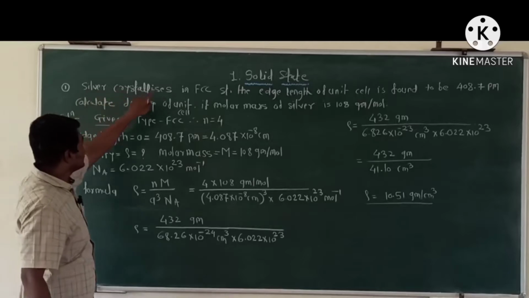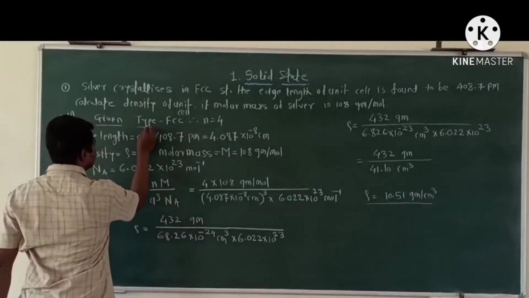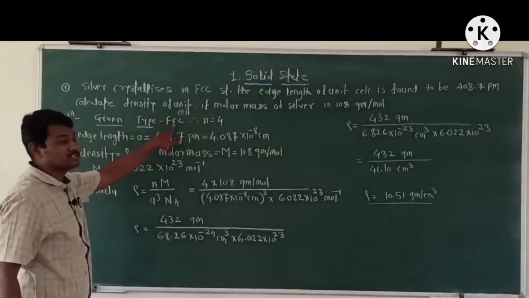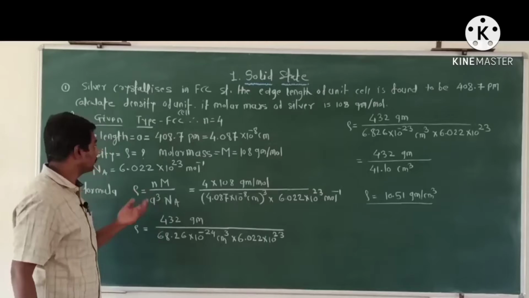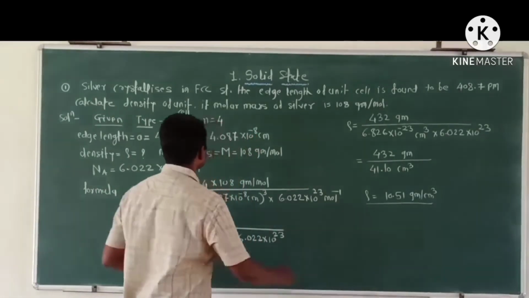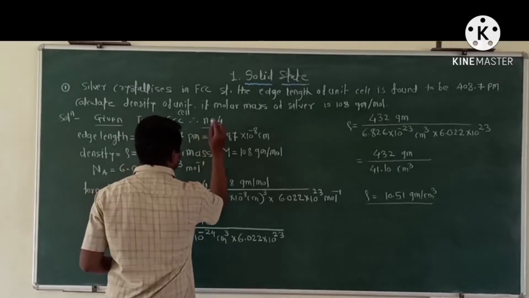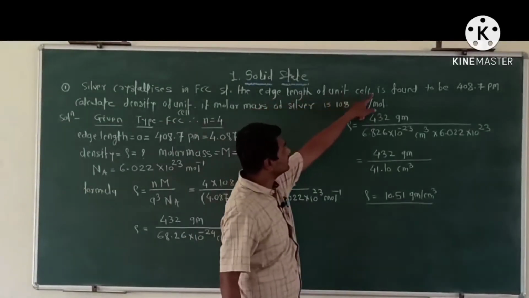The silver crystallizes in an FCC structure, that is the type or nature is FCC. Therefore n is equal to 4. All of you know that in FCC the total number of constituent particles is 4, that is n is equal to 4.